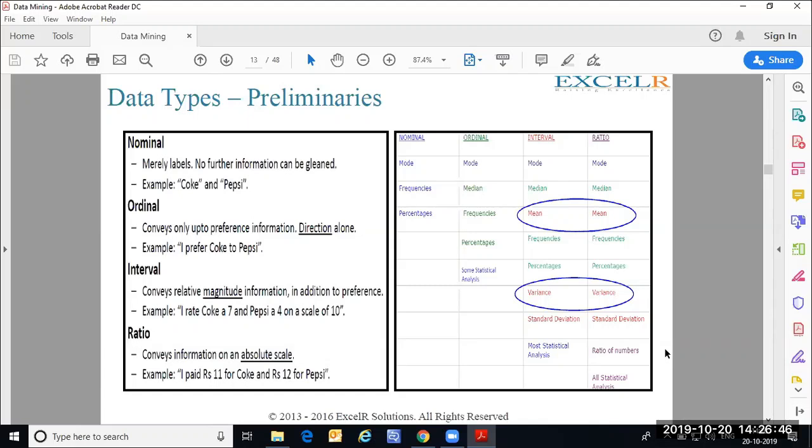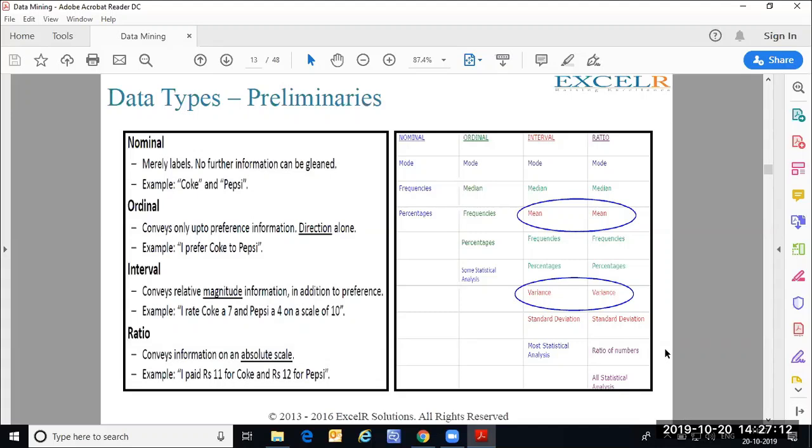We have four types of measurement scales. Accordingly, we need to decide which of these scales the respective measurement belongs to. What is a measurement? Length, weight, all these are measurements, right?